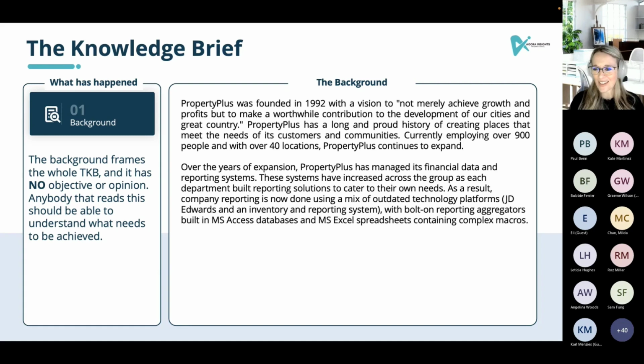And so they've been building all of these different systems, different spreadsheets, etc. As a result, the company reporting is now done using a mixture of outdated technology platforms like JD Edwards as an inventory and reporting system, but also built on systems like Microsoft Access and Microsoft Excel and complex macros. I don't think that this is a surprise to many. There are still companies like this.